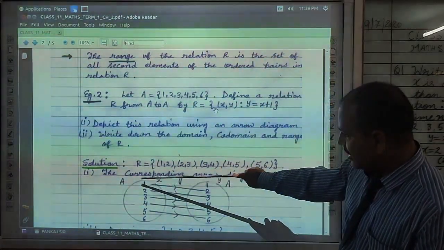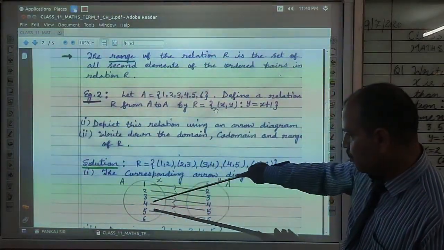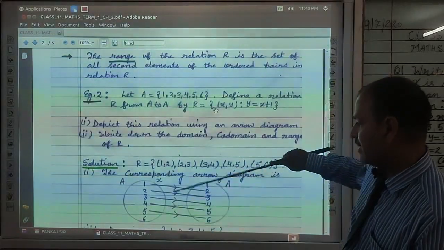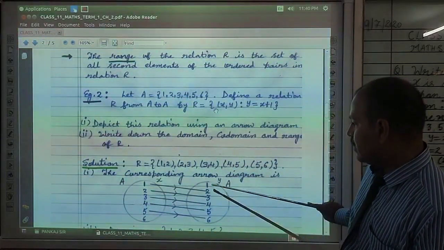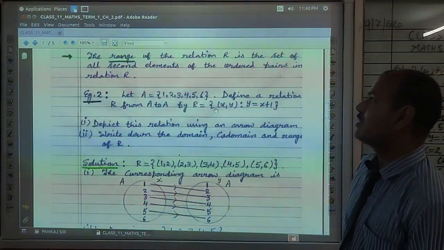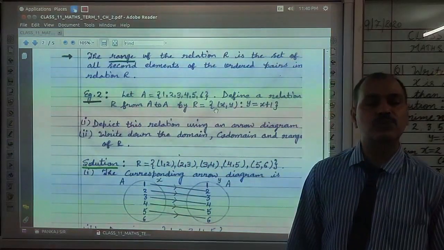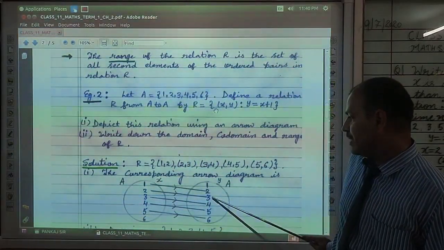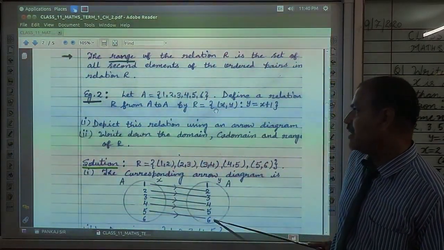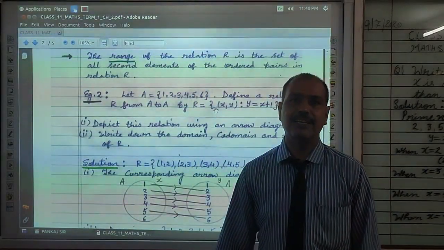The relation is (1,2), (2,3), (3,4), (4,5), (5,6), so the second elements are 2, 3, 4, 5, 6. So range is equal to {2, 3, 4, 5, 6}. So domain and range are clear.